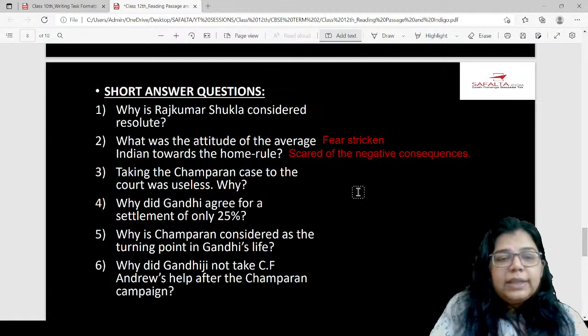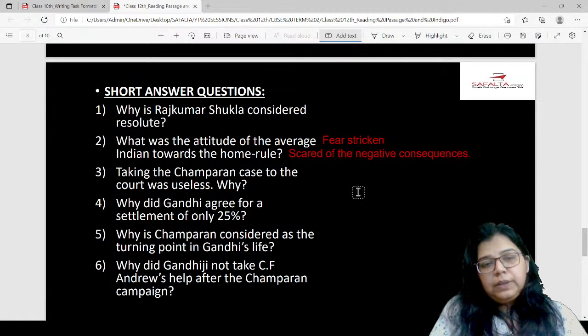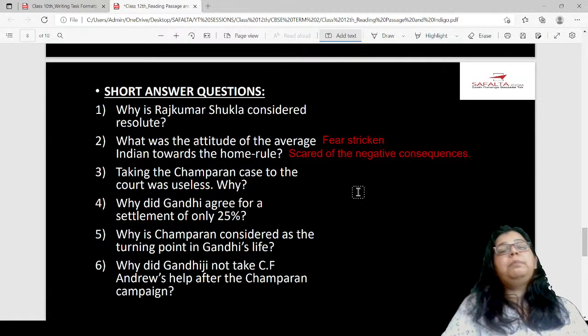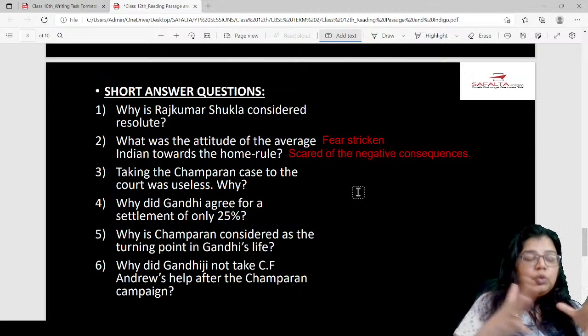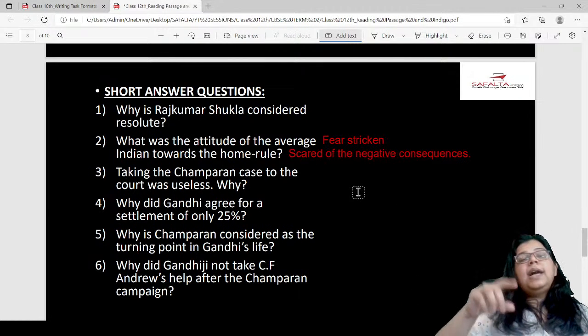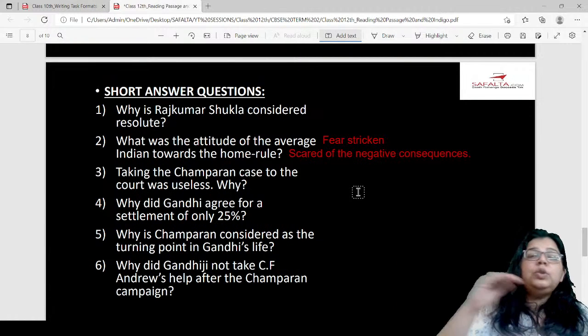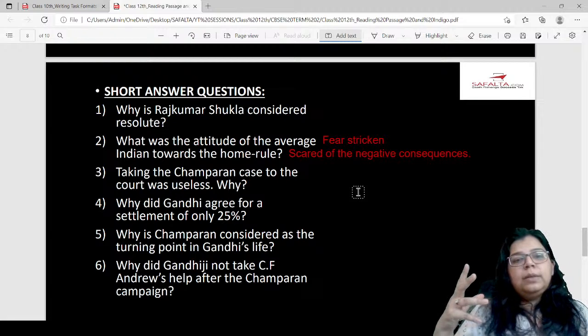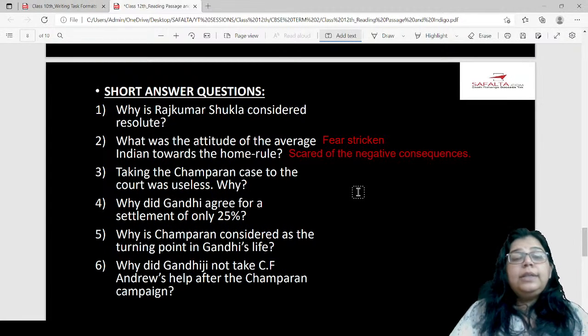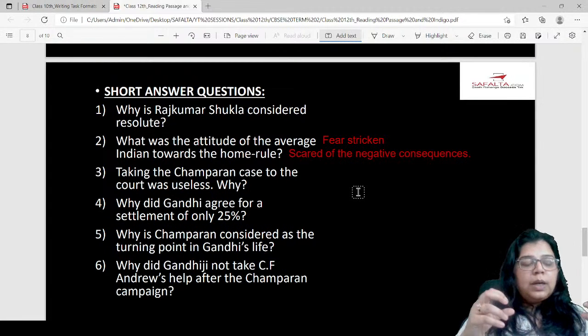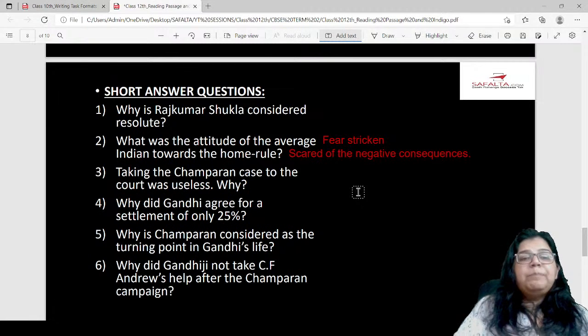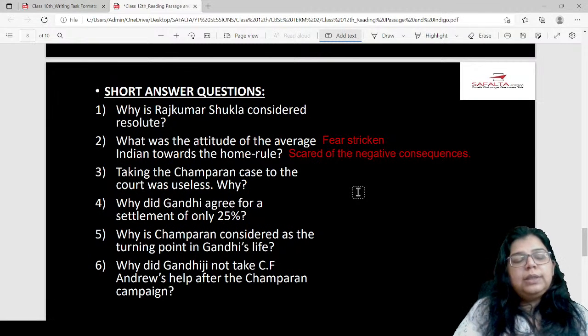Which is why he agreed to the 25% refund, and he did not ask for a 100% refund. See, Gandhi never took it, from the very beginning, if you read this chapter, as a financial struggle. He took this as a struggle related to fear. The peasants were so fear-stricken that they did not want to do anything beyond that fear.